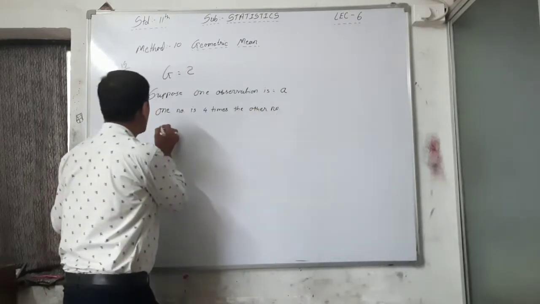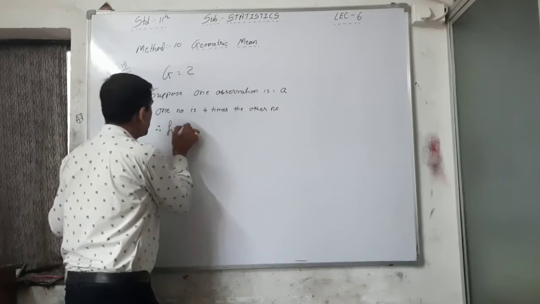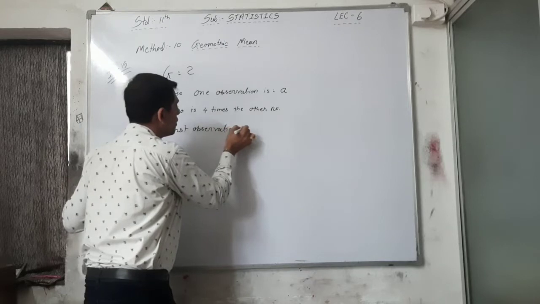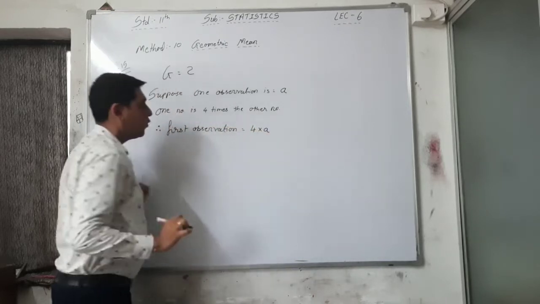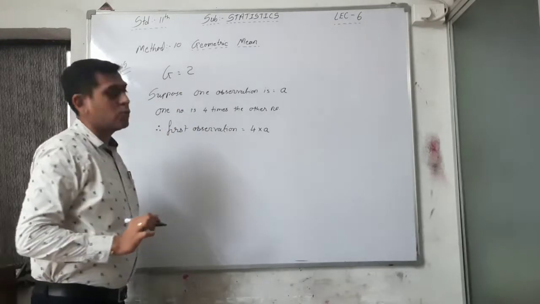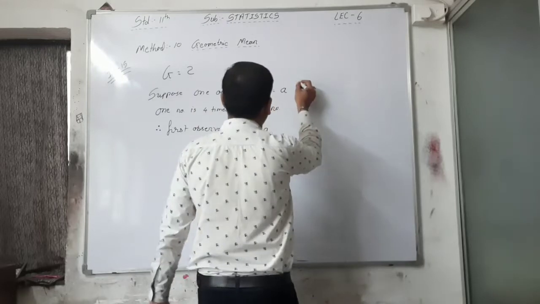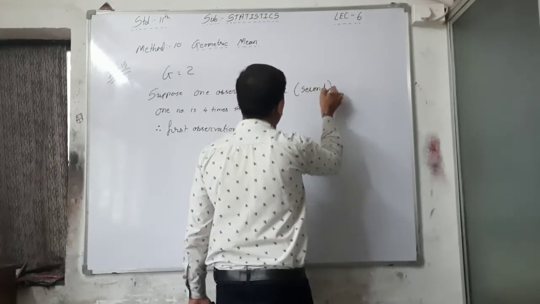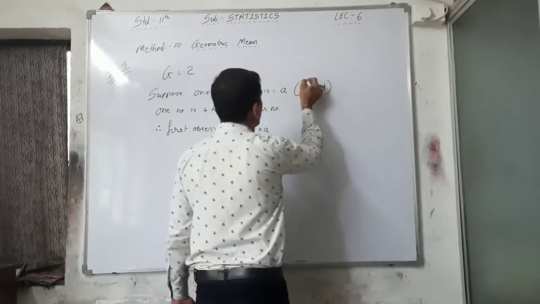Okay, so the first observation is equal to 4 times the second. What is the second observation? This one is the second observation. One observation is A, and we assume that it is the second observation, or you can say the other observation.